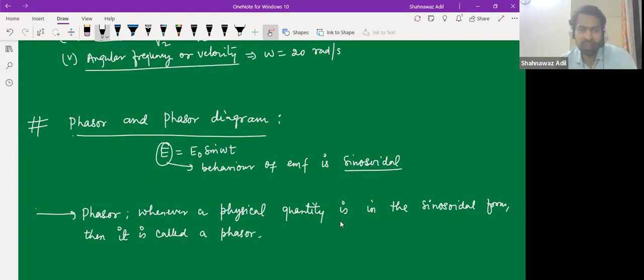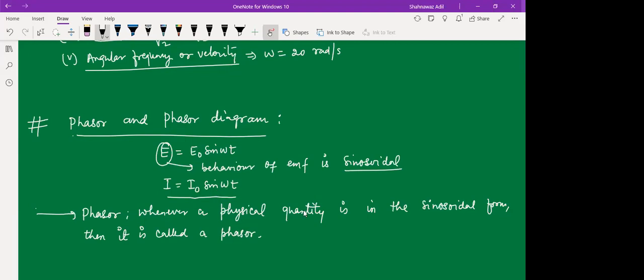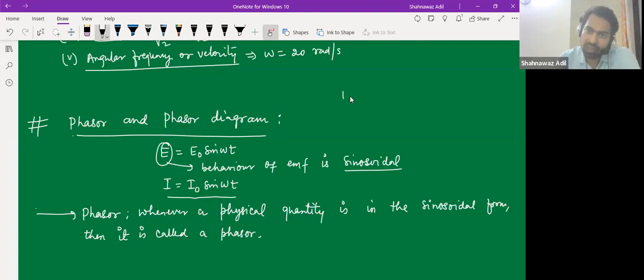Okay, understood everyone. So let's say you have this current which is I naught sine omega t. You can see that the behavior of current is also sinusoidal. So these things are called phasors. Understood? Can you explain again? Yes. Whenever you have a quantity which is behaving like a sine function, that kind of quantity will be called a phasor.